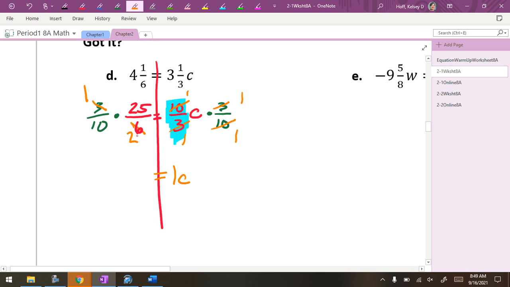Somebody tell me how I could reduce 10 and 25. She already told me it can, so we need to reduce them. Marilyn? We could divide a 5 out. Now listen carefully. 10 divided by 5 would be 2. 25 divided by 5 is 5. Okay. Now we multiply.